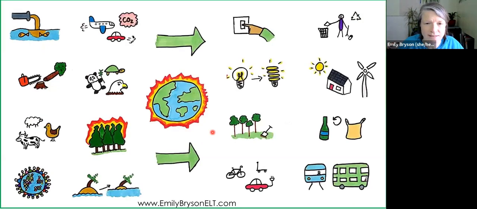I created this little hand-drawn infographic that I used in class. I also wanted to do it with my students, and I teach ESOL literacy learners, who are very low level, A0, learning how to read and write for the first time, possibly even in their first language. I wanted to find a way to communicate the climate emergency with them and to discuss it in class.